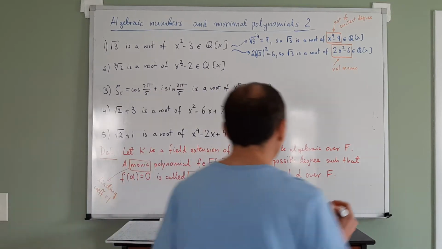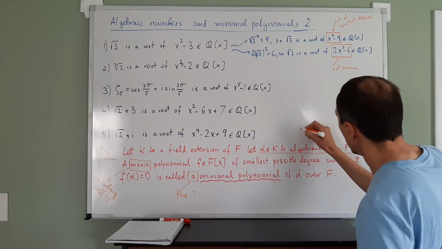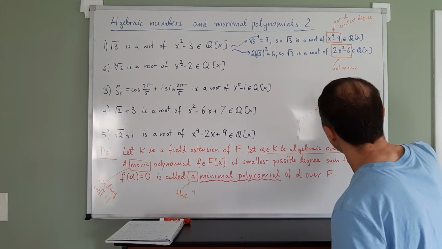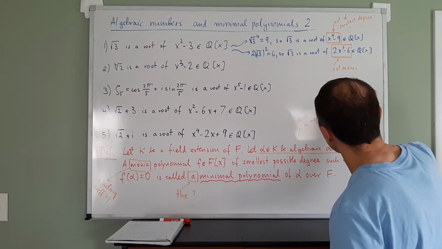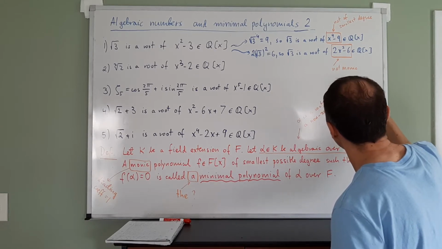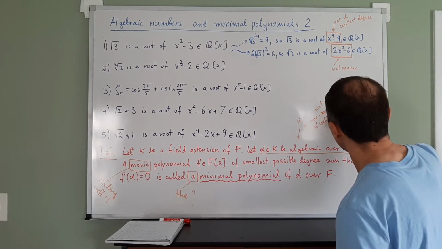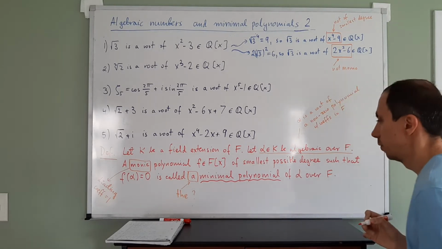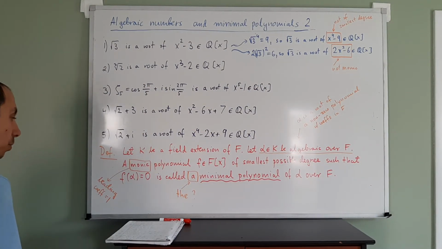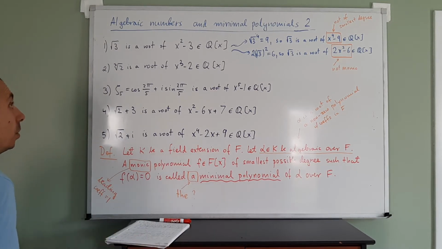Okay, so let me just remind you here that alpha being algebraic over F means alpha is a root of a non-zero polynomial with coefficients in F. Okay, so now we're going to prove some nice properties of these minimal polynomials.